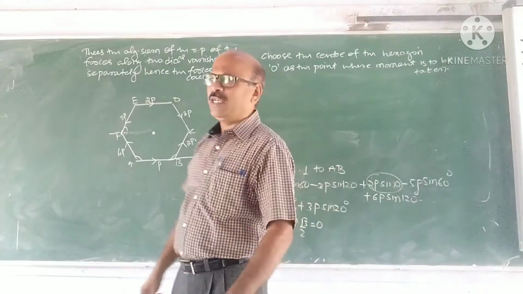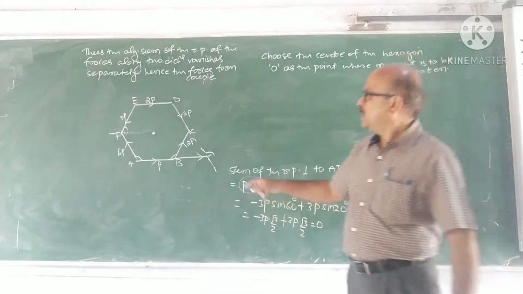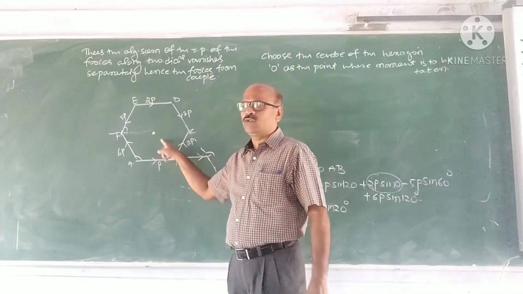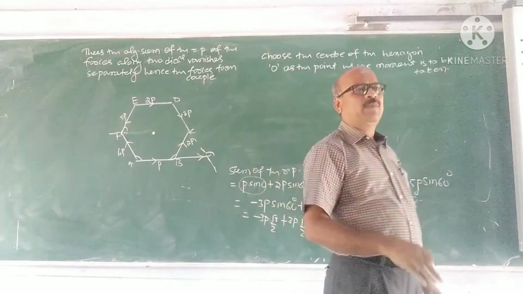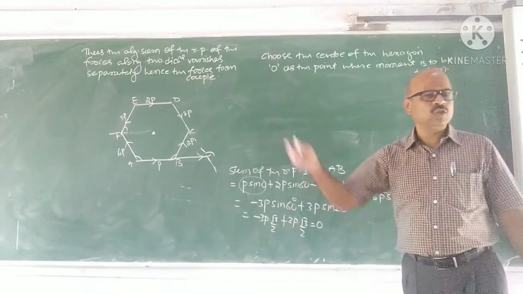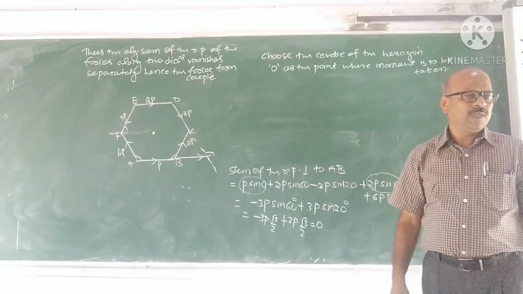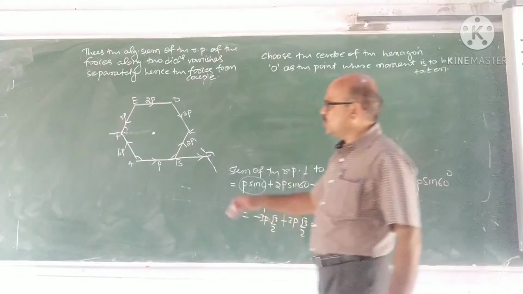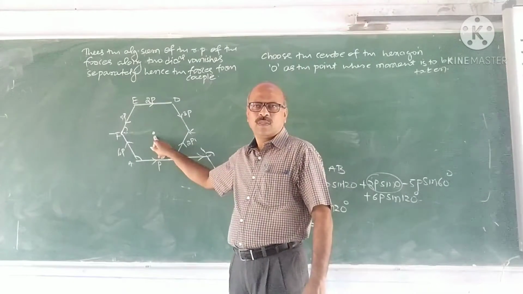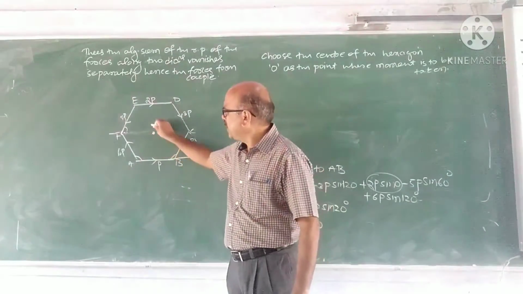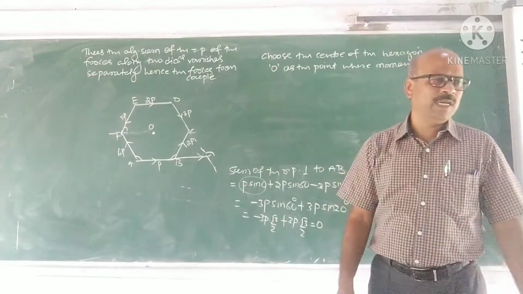Can we take any point here? Yes, you can choose any point in the plane of the couple, because the moment of a couple about any point in its plane is the same. We are free to choose, so we have taken the center of the hexagon.